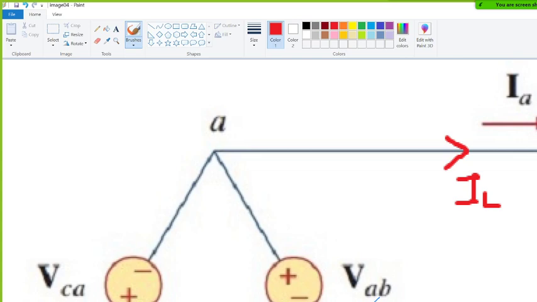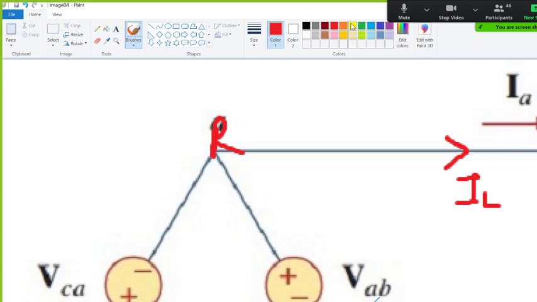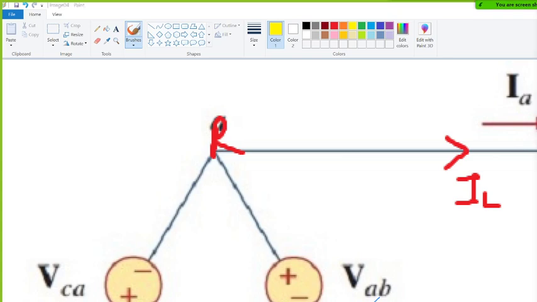Let us assume that this is my red. This is my red. This is my yellow. This is my yellow. What happened? And this is my blue.